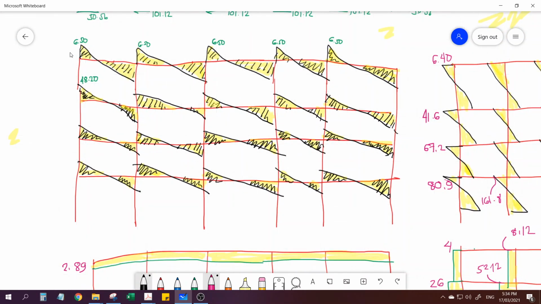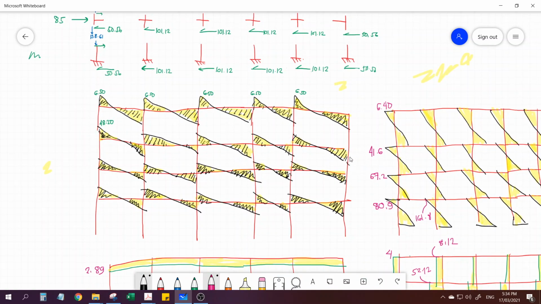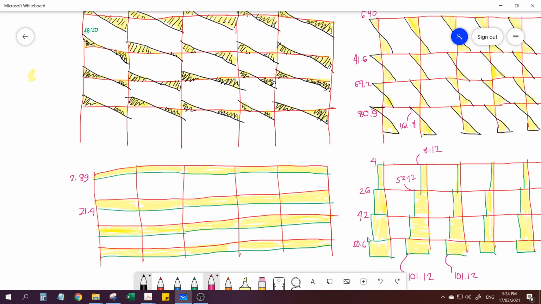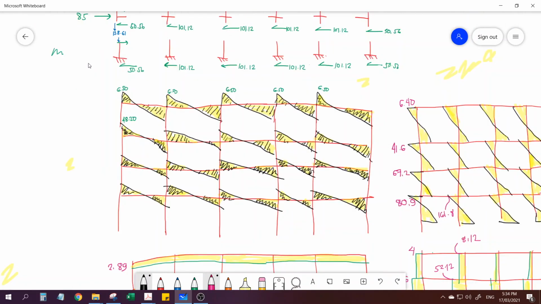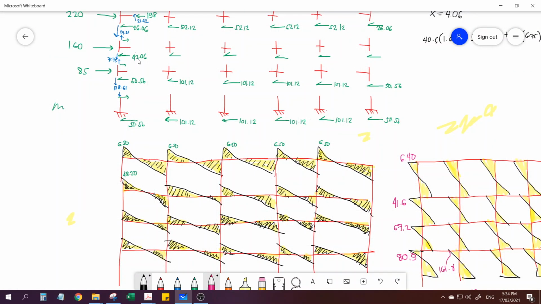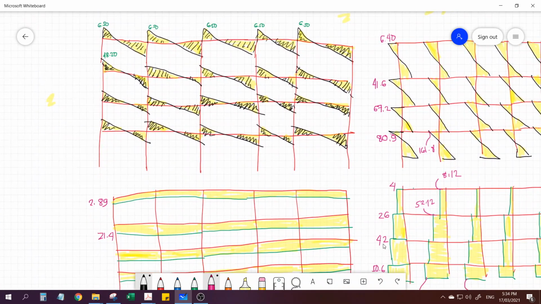So for example, ang nakuha ko dito is 50.56. So ang shear ko dyan 50.56 yan, or 50.6. Ito yung shear ko. Tapos ang shear ko sa second floor is 42.06. So ito naman yon, 42.06. Third floor and fourth floor.